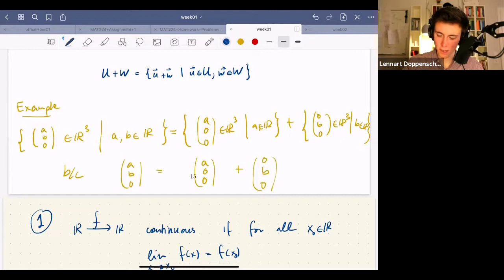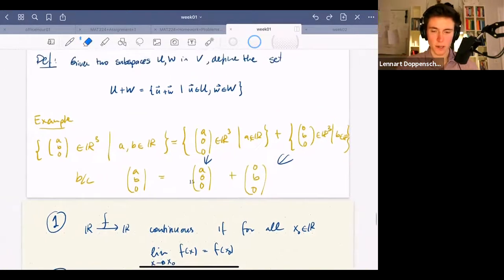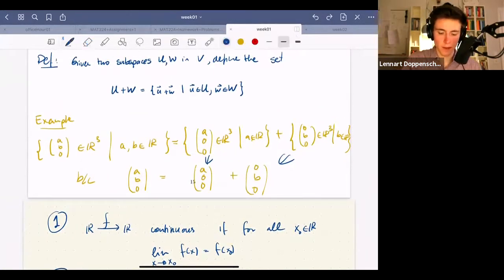Then this will be an element in here, and this is an element in here. These are element-of symbols, not sizes, as someone thought last time. So this is just the idea of adding two subspaces. We will need this later, and I think this is a good place to mention this.